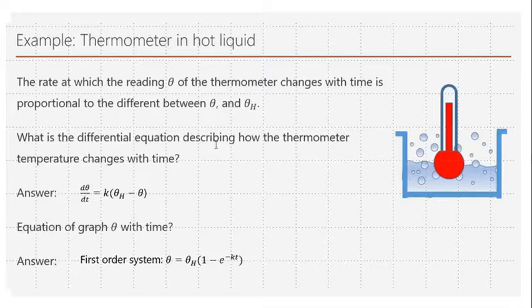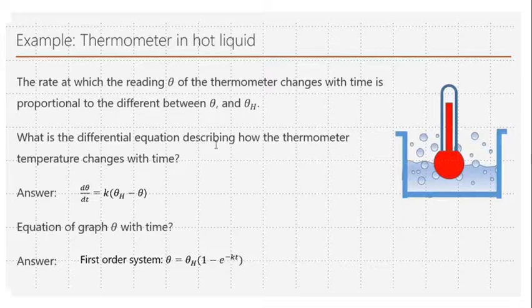We know that over some time, the temperature for the thermometer is supposed to match the temperature of the liquid. That is the whole point of using a thermometer. So that should be exactly the same as the temperature of the liquid. But how that happens, we want to look at the transient that is happening while that change is happening.